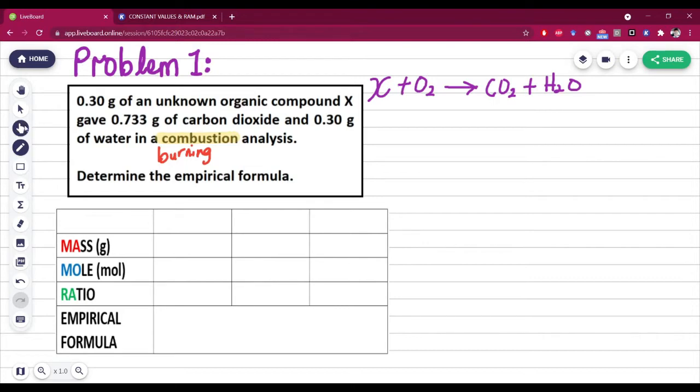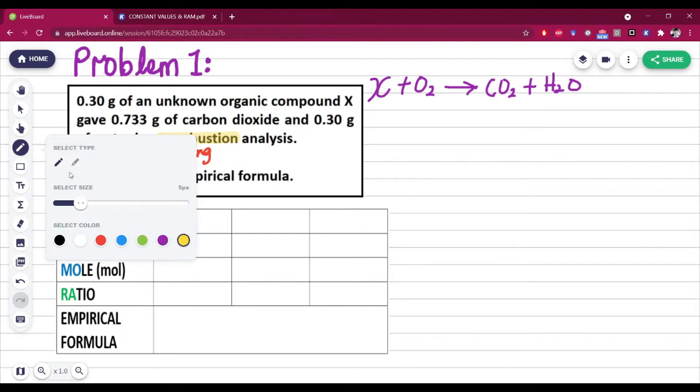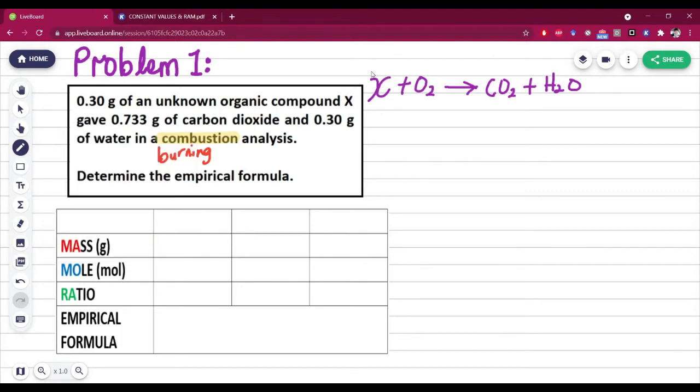So with this piece of information, combustion analysis, we know that X will have 3 things: carbon, hydrogen, and oxygen. How do I know that? Because the question tells me that information.